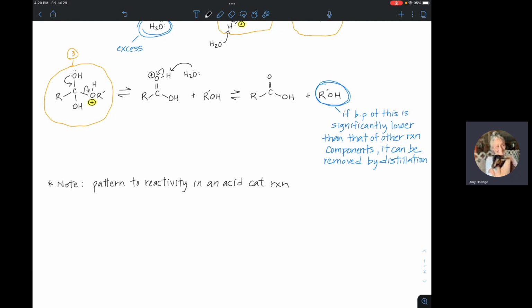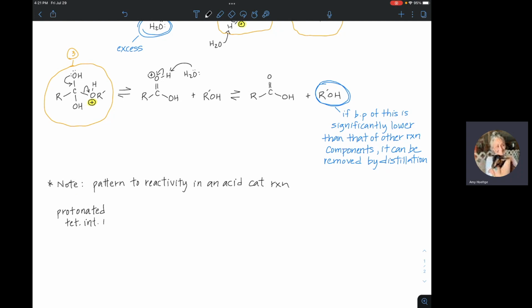You're going to form your protonated tetrahedral intermediate. I'm going to just abbreviate these.